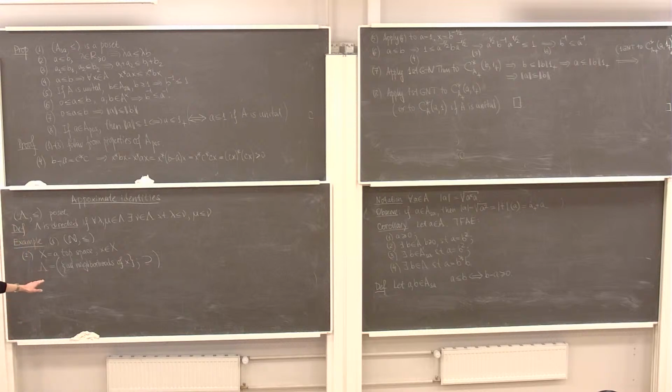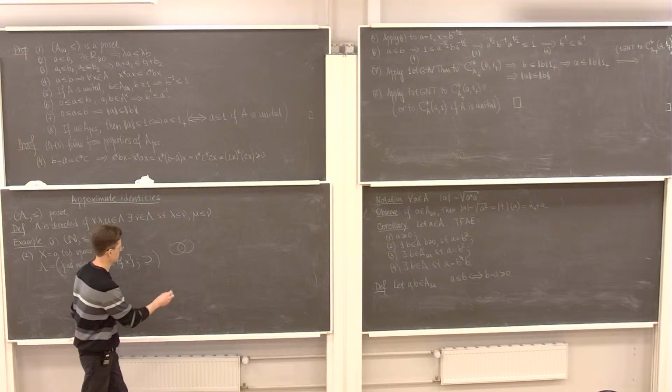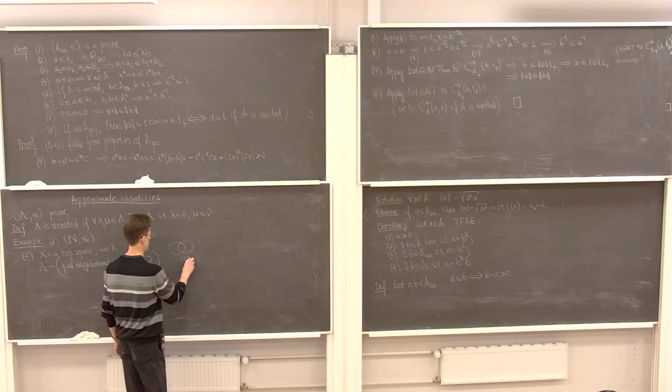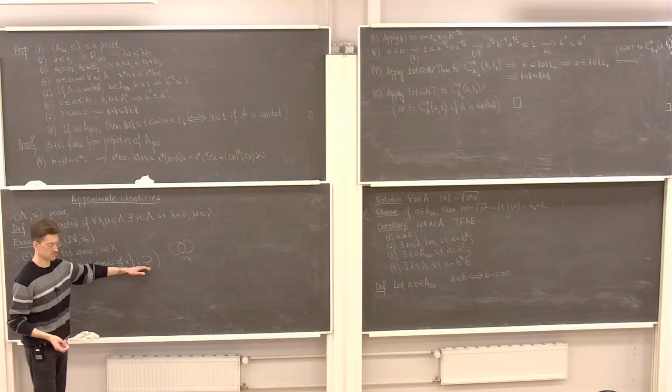And this set is easily seen to be directed, because if we have two open neighborhoods U and V of a point, then their intersection is also a neighborhood, and it dominates both U and V in the sense of this order relation.